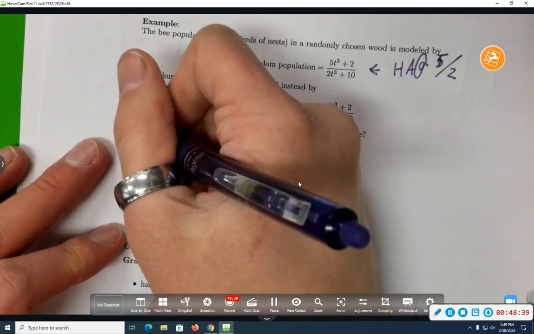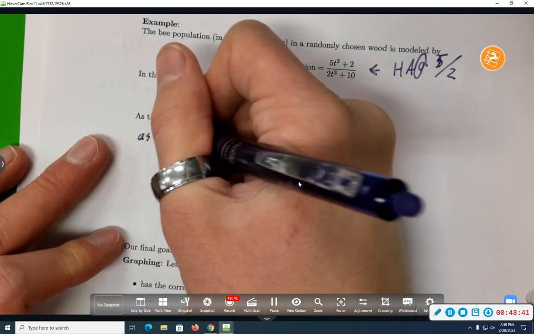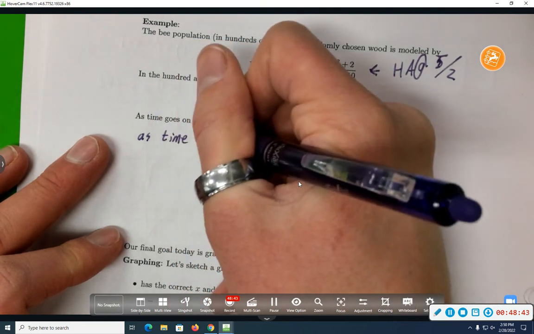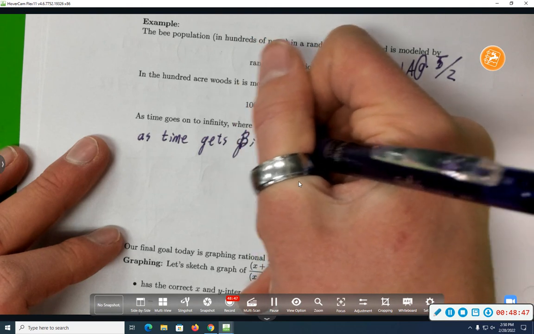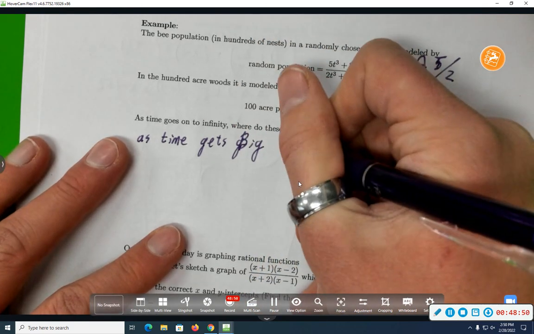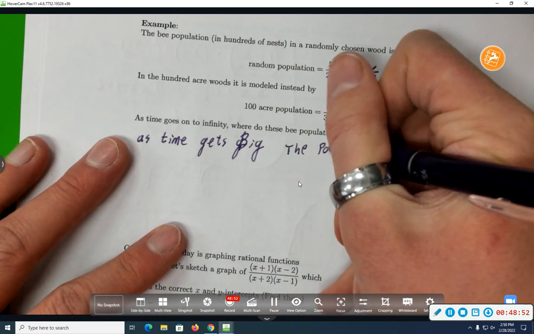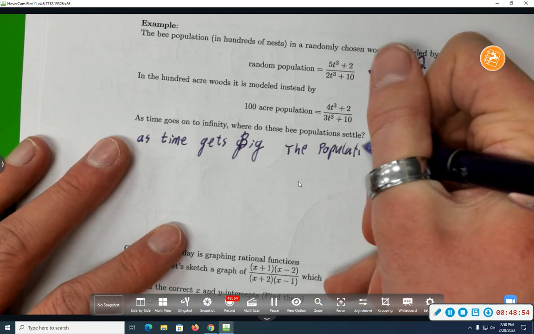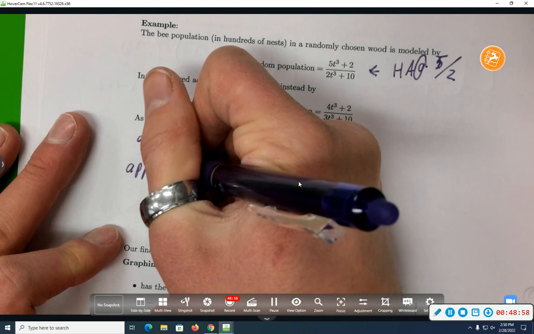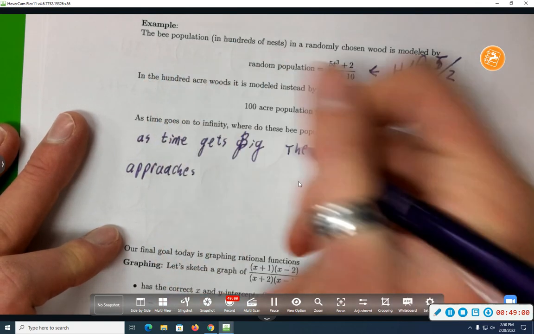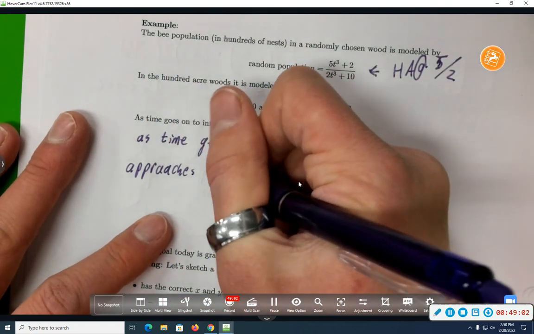So let's write that down as a sentence. As time gets big, as you wait long enough, the population approaches, gets as close as you want to, 5/2.